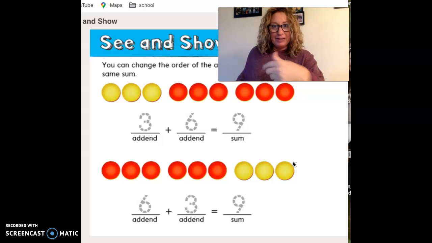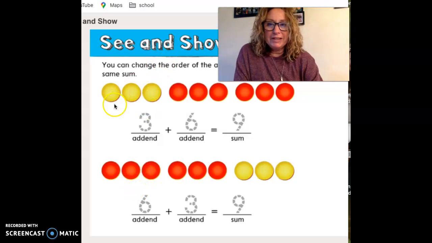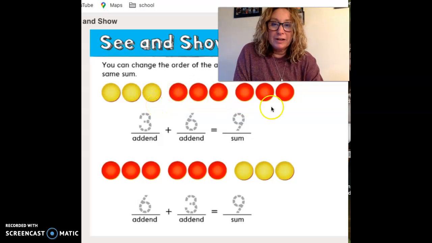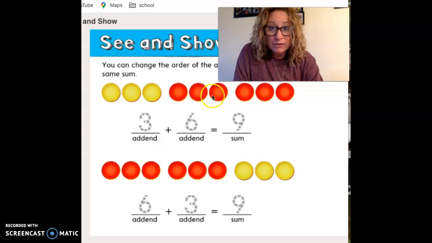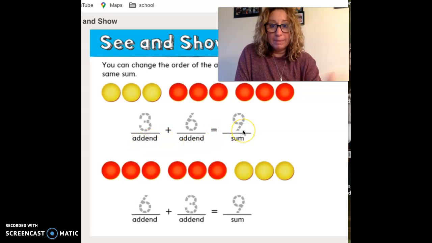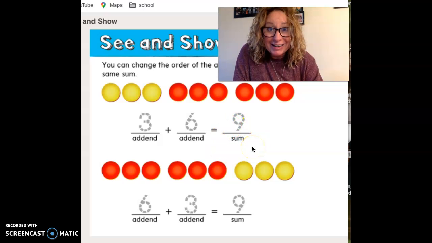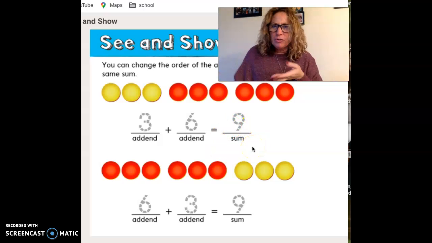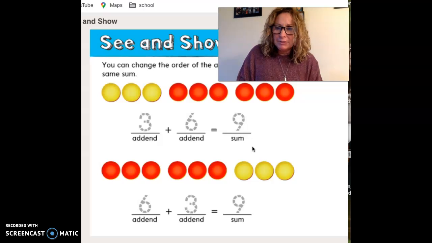So if we look at this, we see some yellow counters, 3, and some red counters, 1, 2, 3, 4, 5, 6. 3 plus 6, so this addend and this addend equals how much? 3, 4, 5, 6, 7, 8, 9. The sum is 9. Now, can we change the order around and get the same sum?